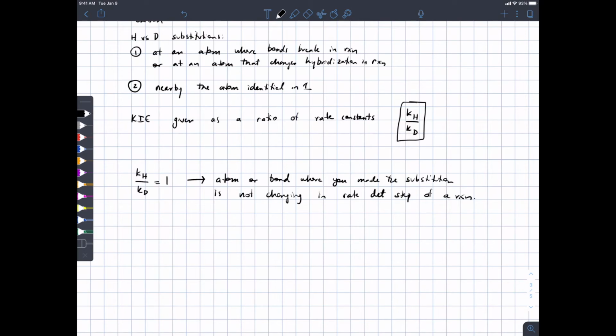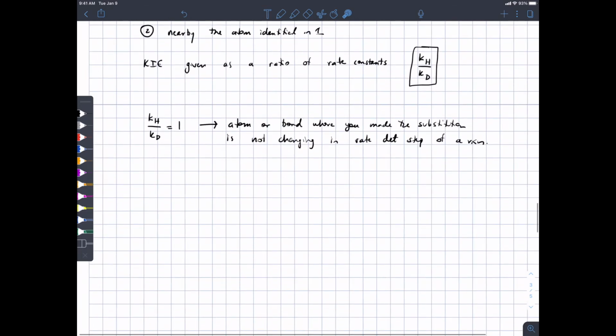So, as an example, suppose you think that a proton has to be removed either during or prior to the rate determining step of a reaction. Then you do this experiment with that proton and you see no effect at all. You just learned that that proton is not involved in the rate determining step of the reaction. Now we'll talk about why being involved in the rate determining step of a reaction should make you have a kinetic isotope effect. But if you don't observe one, that's pretty good evidence that that particular proton's not involved, and that carbon is not involved in the rate determining step of the reaction.